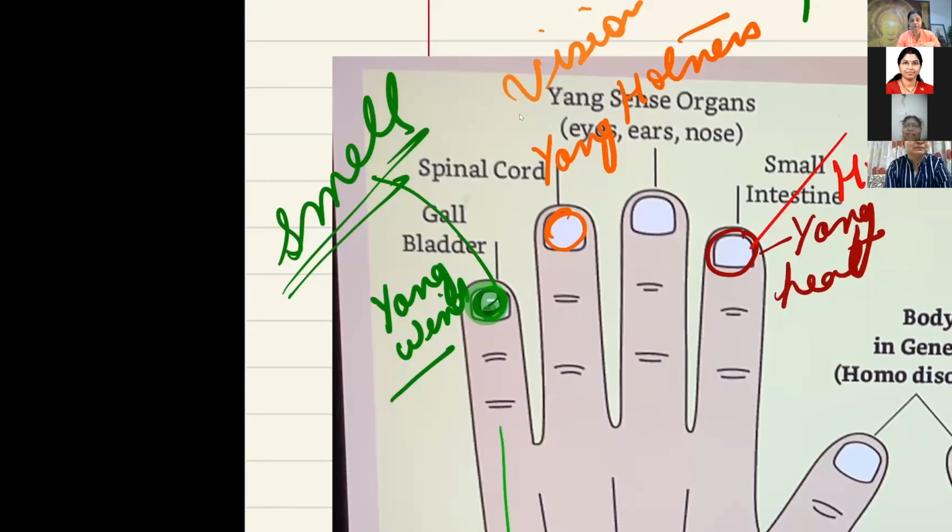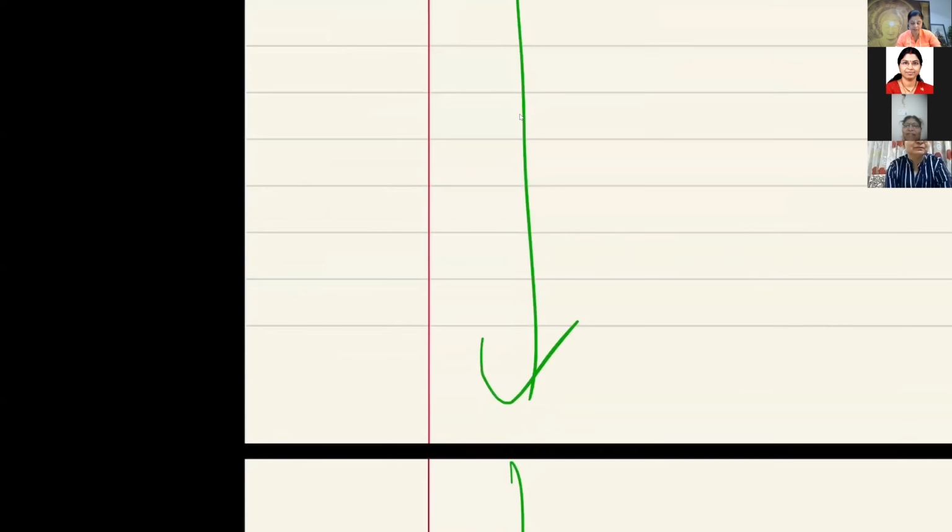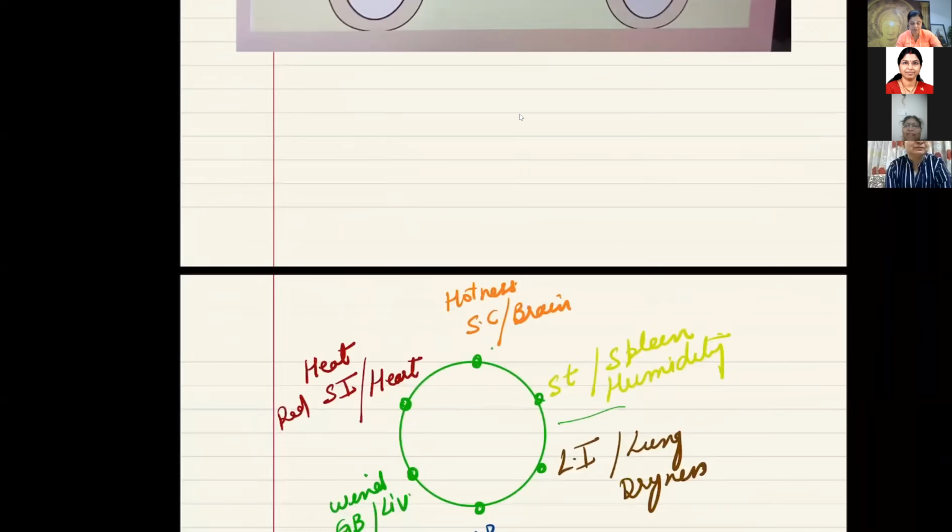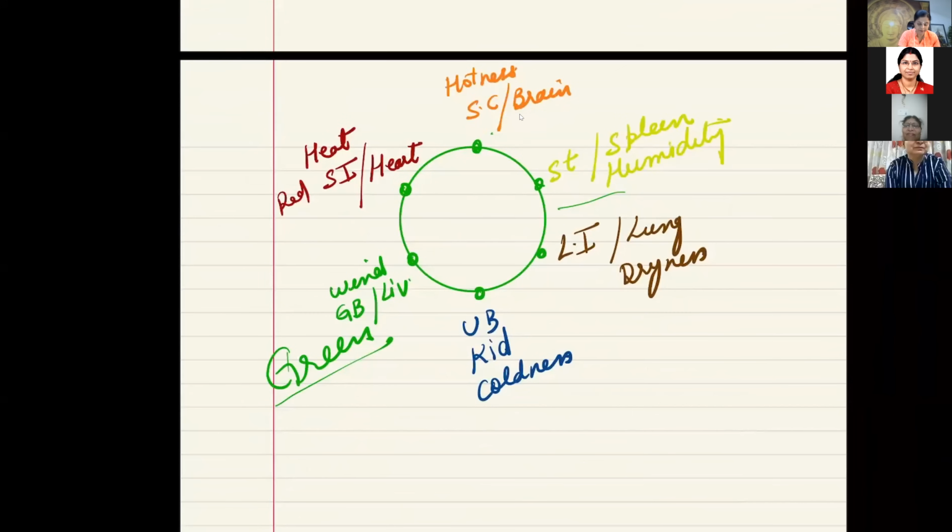But if a person has some inflammation in the gallbladder, then which color will you apply? Simple thing, this chart will help you. Green, see, this axis.